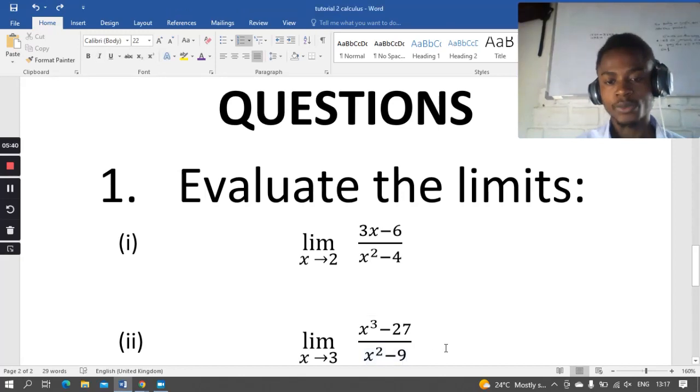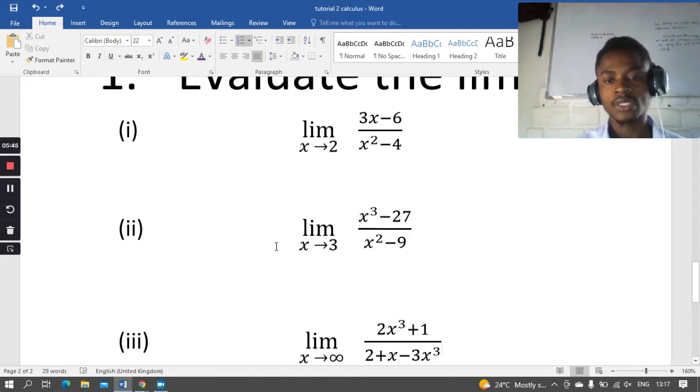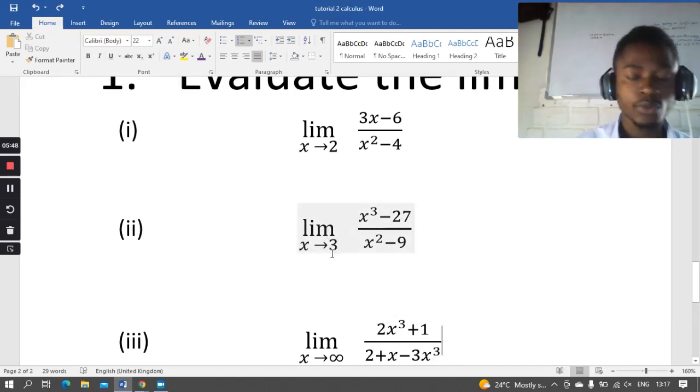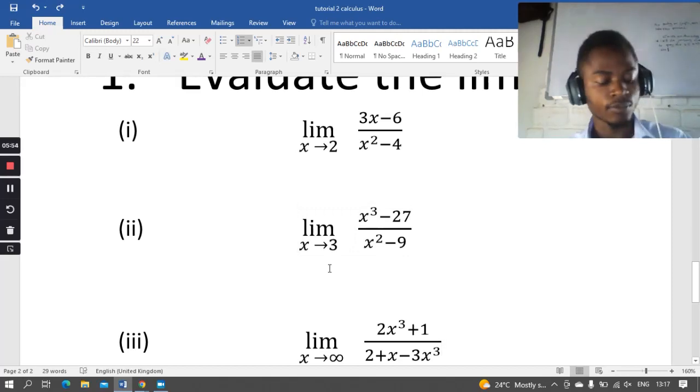Our second expression is asking the same thing: evaluate the limit where x is approaching 3 from both the left and the right hand side.